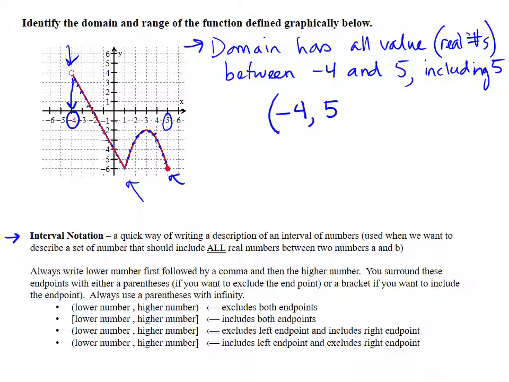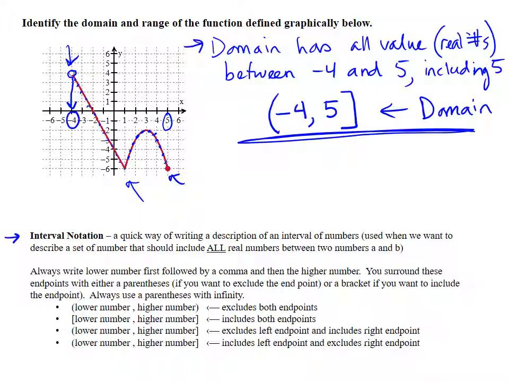So -4, as you recall, was that open circle. We do not want to include -4. We want to include everything after -4 going up to 5. But 5 had a closed circle, so we want to include it, and we use a bracket to include it. So this would be a way of writing the domain out and showing that we have all real numbers between -4 and 5, including 5, but not including -4. So this is called interval notation.